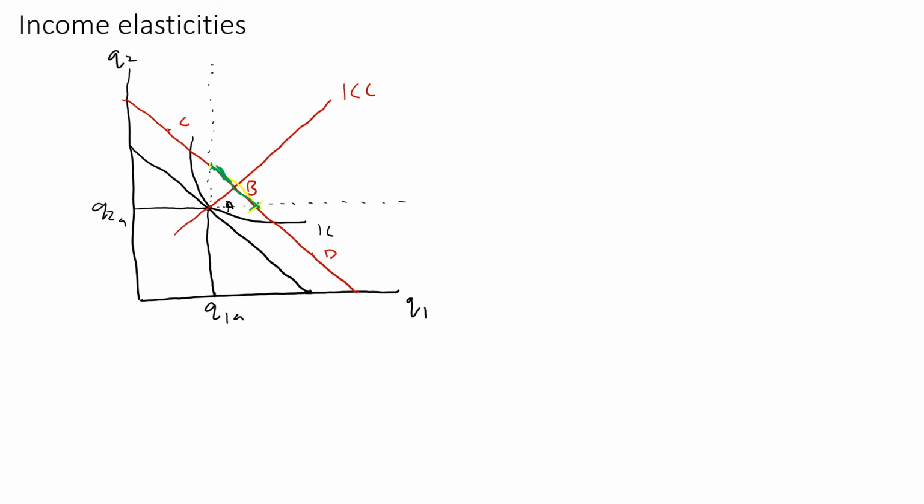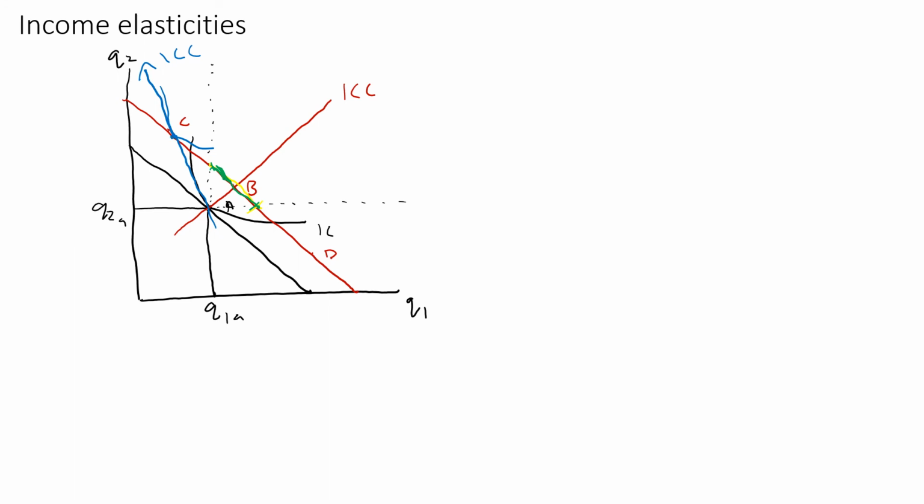But when the income consumption curve is shaped a bit differently, let's say our new indifference curve is somewhere here, then our income consumption curve will move backward. It will have a negative slope and it will move backward.